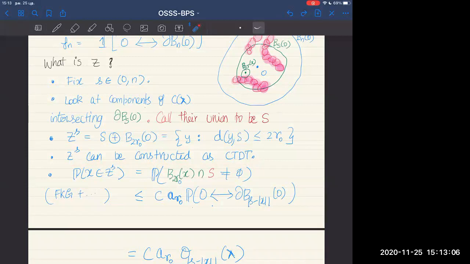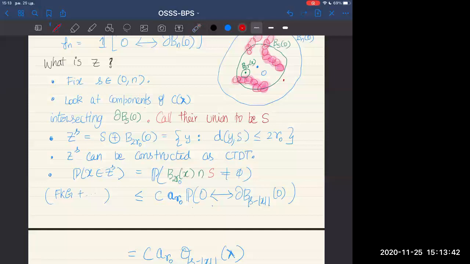When is a point X in ZS? This is crucial. This is the revealment probability. If X is in ZS, a ball of radius 2r0 around X should intersect S. Look here in the figure, let me draw maybe another point also to show this.